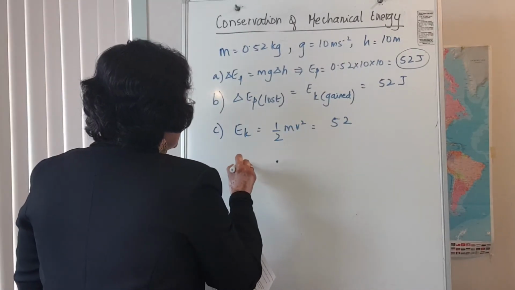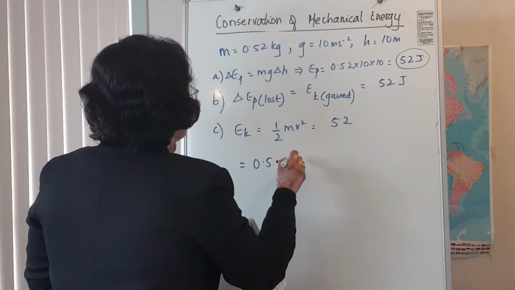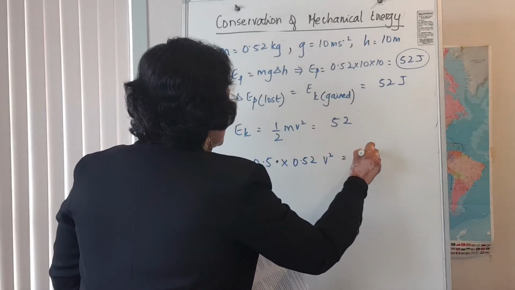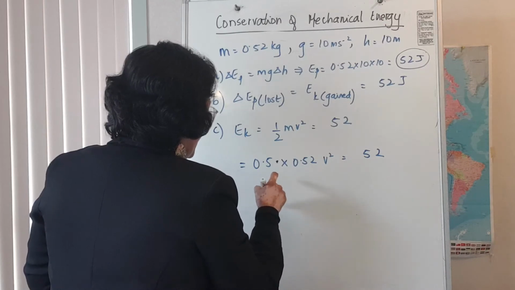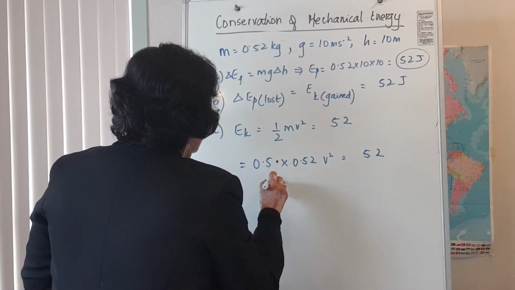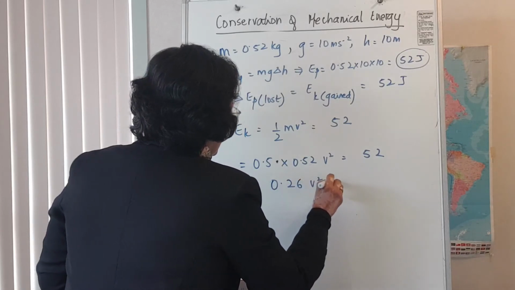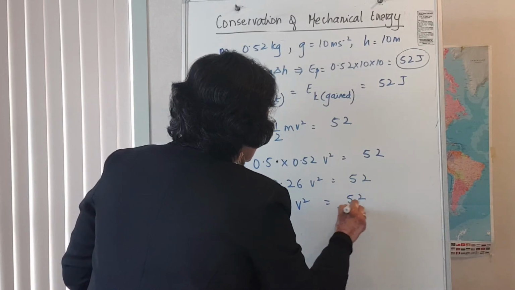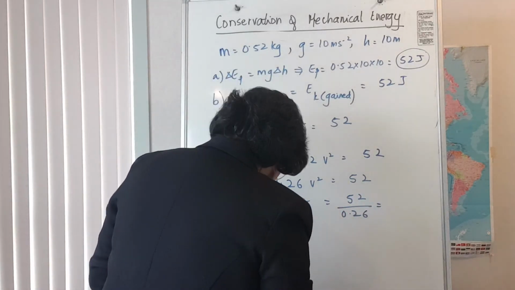So your half you can write as 0.5 times your mass 0.52 times v squared equals 52, or half of that is 0.26, v squared equals 52, so v squared is 52 divided by 0.26.